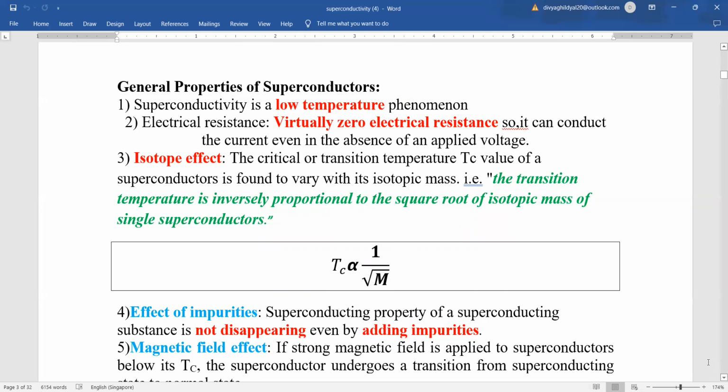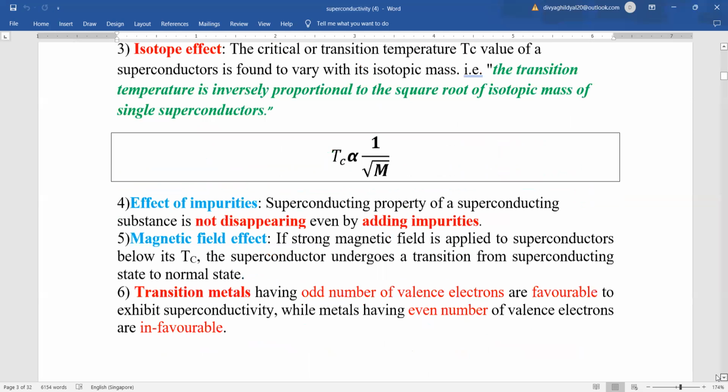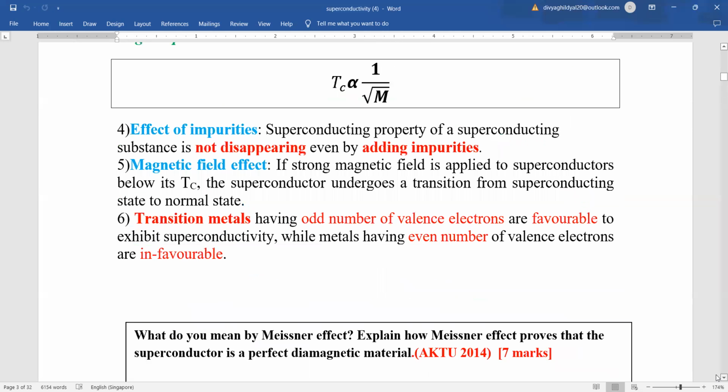The superconducting property of a superconducting substance does not disappear by adding impurities. If a strong magnetic field is applied to a superconductor below its critical temperature, the superconductor undergoes a transition from the superconducting to the normal state. In the periodic table, those transition metals which have an odd number of valence electrons favor superconductivity, while the even ones are unfavorable.